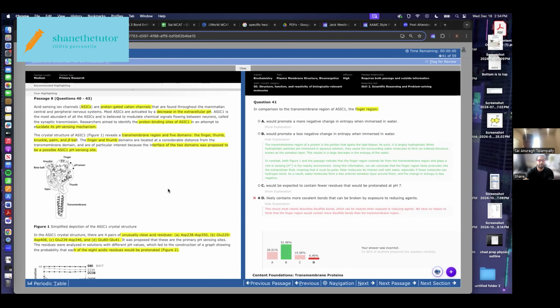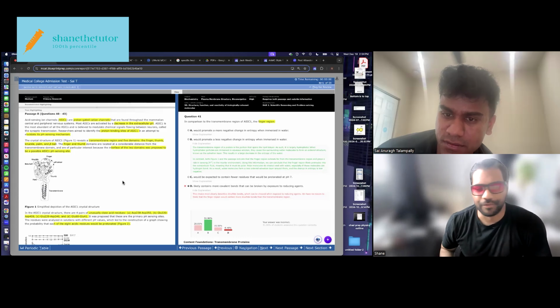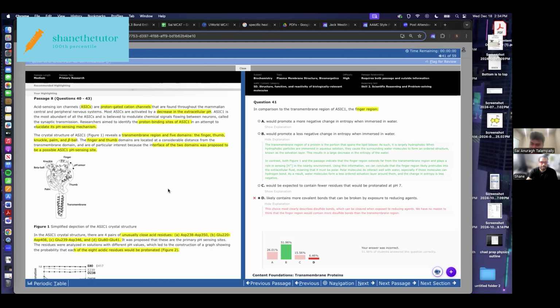If it has more hydrophobic residues, wouldn't we say that there are fewer disulfide bonds? No, this is a matter of hydrophobic versus hydrophilic. Disulfide bonds don't have any inherent hydrophilic or hydrophobic interactions, right?